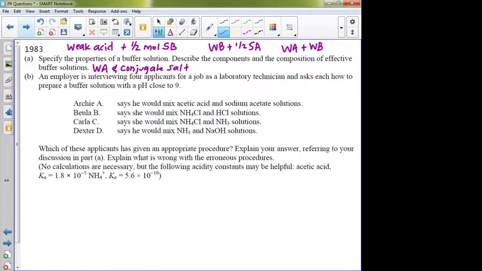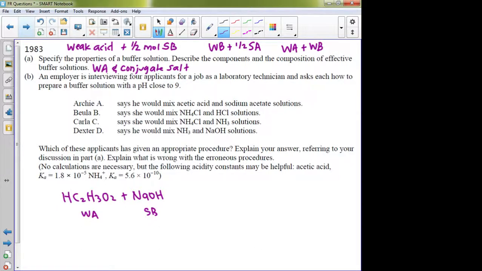Because we made a buffer in the lab by combining what? We combined acetic acid, which is a weak acid, plus we combined it with NaOH, which is a strong base. And did we make a buffer?